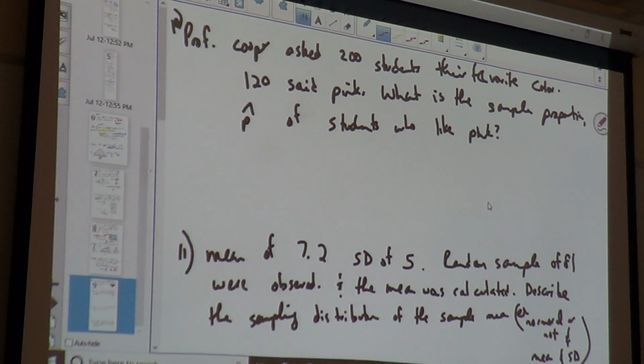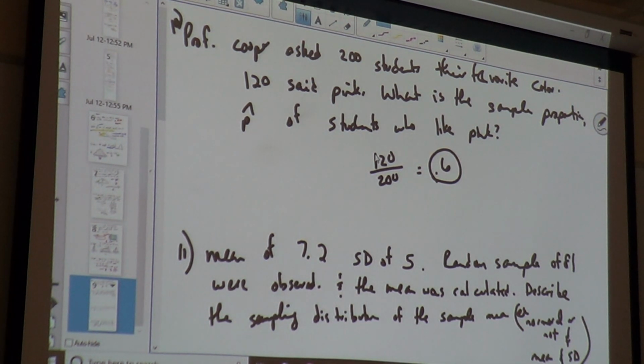How did you get it, Courtney? All I wanted you to do was turn it into a percentage as a decimal. How many like pink over the total? We did that back in 3rd grade, back in Math 33. I'm just making it sound a whole lot fancier. How many like pink over how many people did I ask?